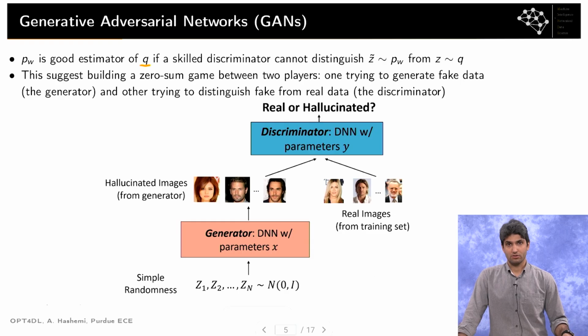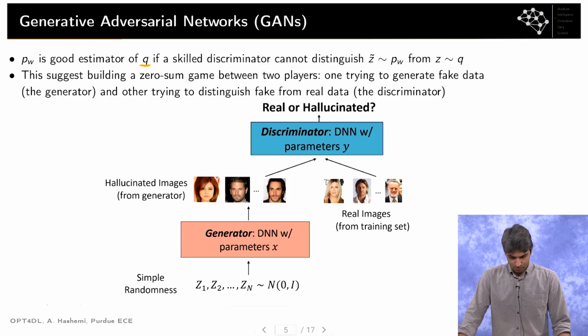Now we have a discriminator whose aim is to determine whether the samples that it sees are coming from the true distribution, whether they are real, or they come from our approximation, so they are generated by the generator. So they are real or hallucinated samples. We can think of these two as agents with competing goals.